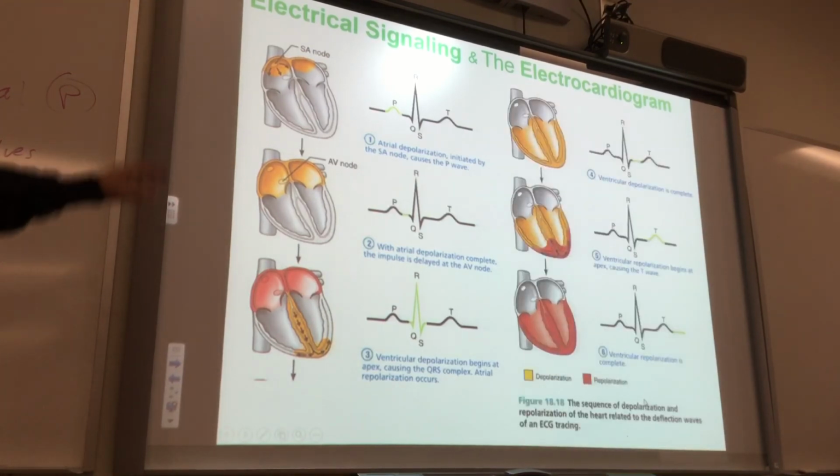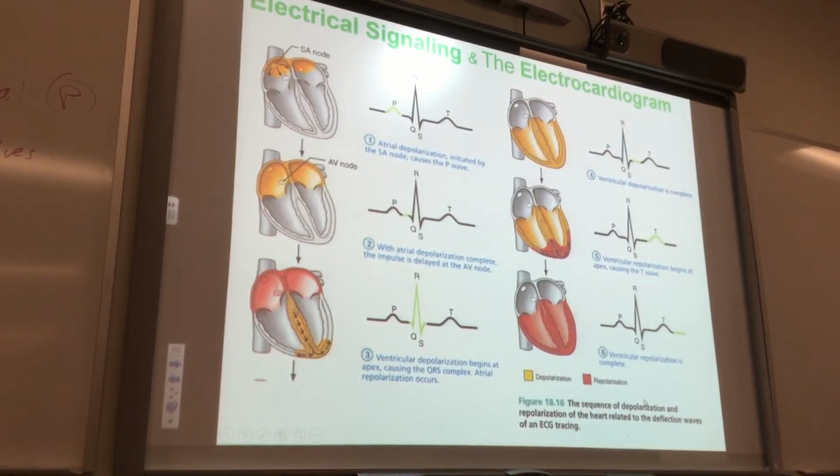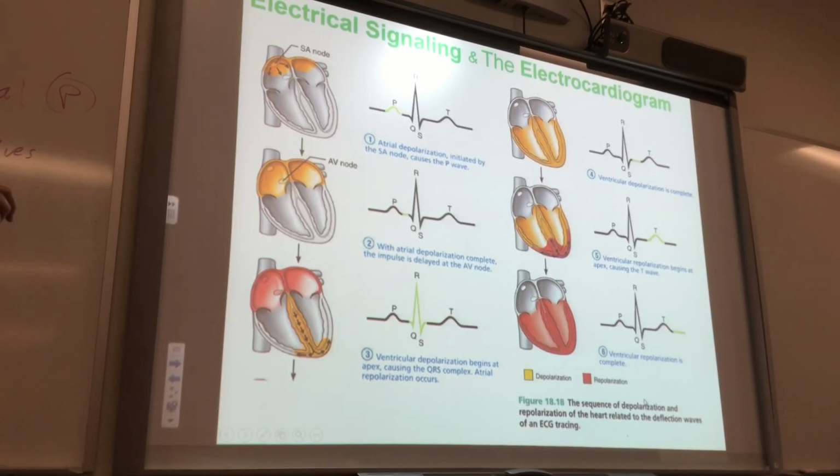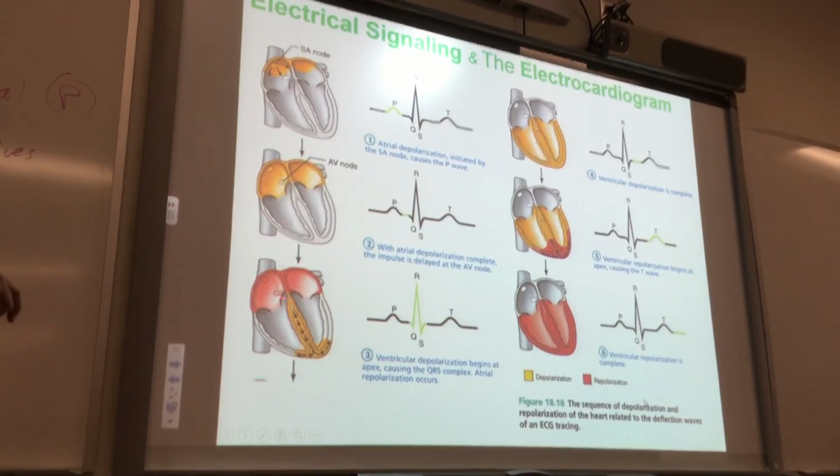And then I put this up, this is from your book. This is kind of cool because it shows step one, here's the P wave, atrial depolarization, and it shows how the atria start to depolarize. And then in this segment, the atria are fully depolarized. And then it shows the atria are repolarized during this part of the ECG. But why don't we see the atrial repolarization on the ECG?